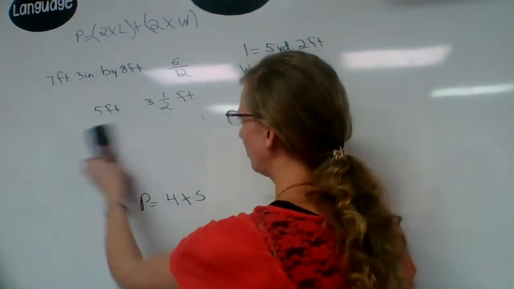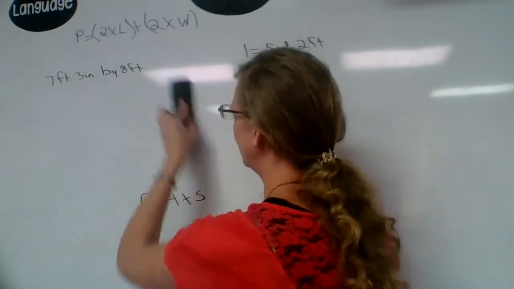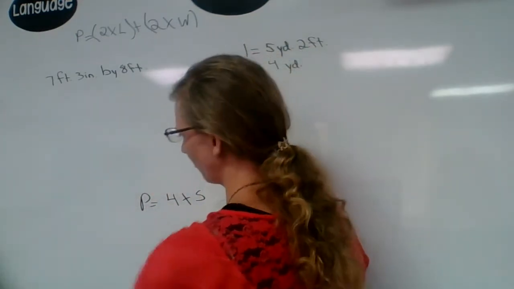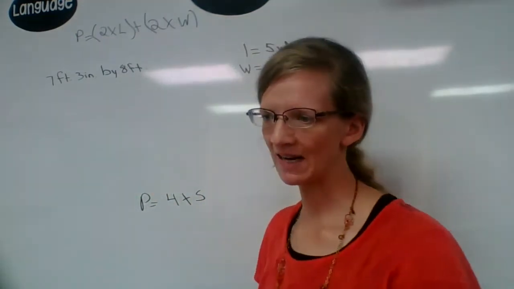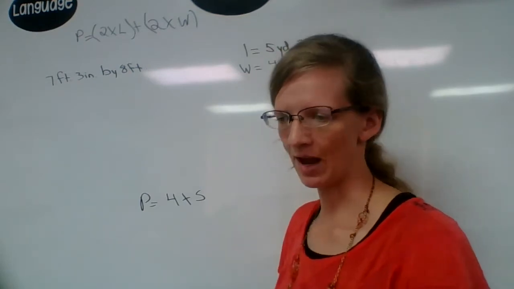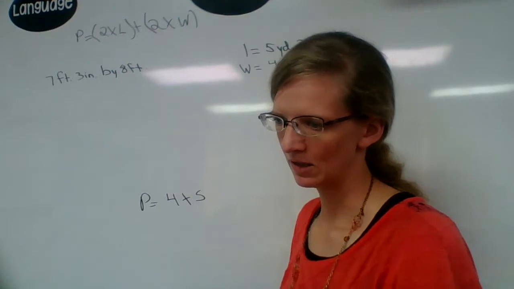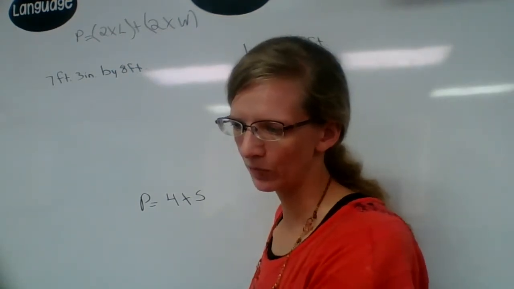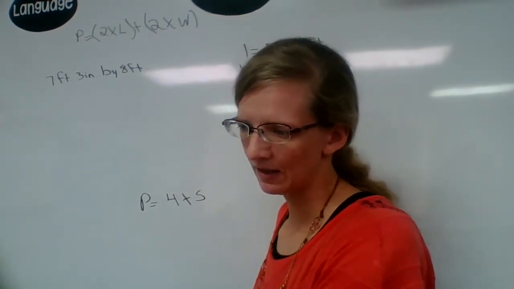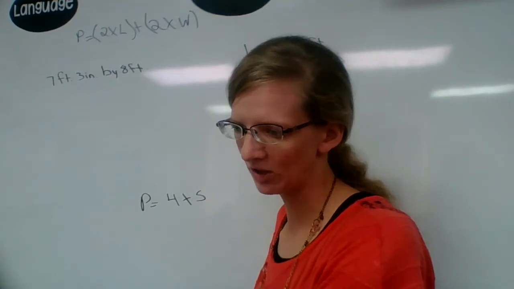Now, another way you could have done this is by changing all the feet into inches. If I wanted to find how many inches instead of how many feet, I would have changed it all into inches. The way I would have done this, okay, is you have 42 inches by 60.